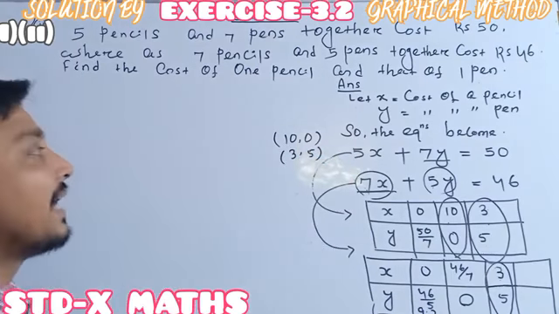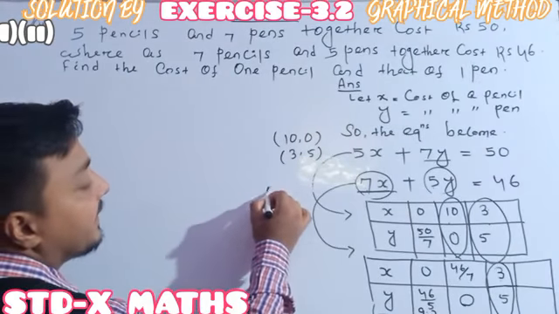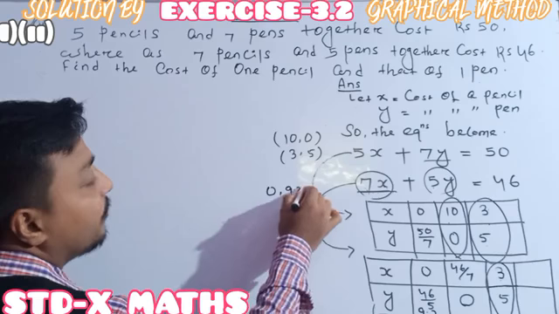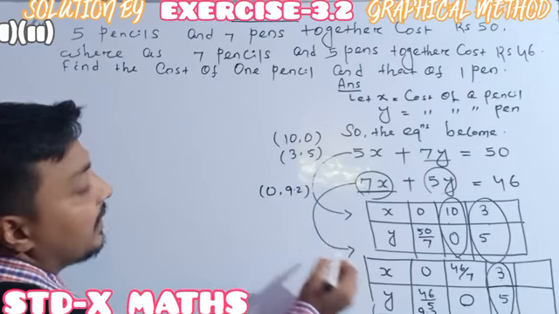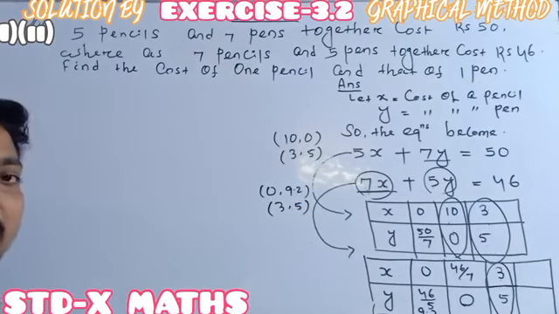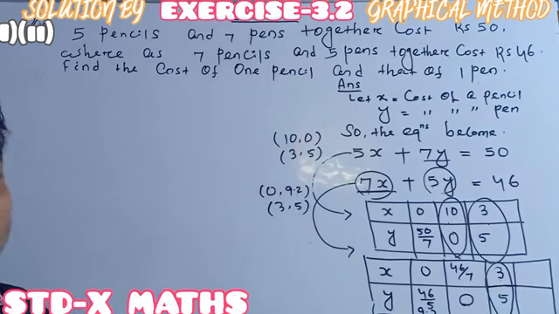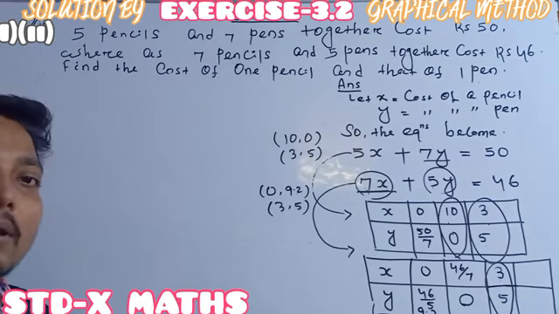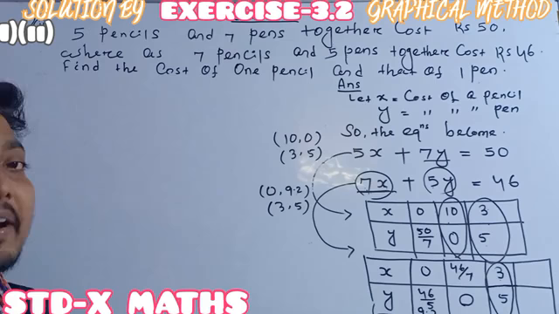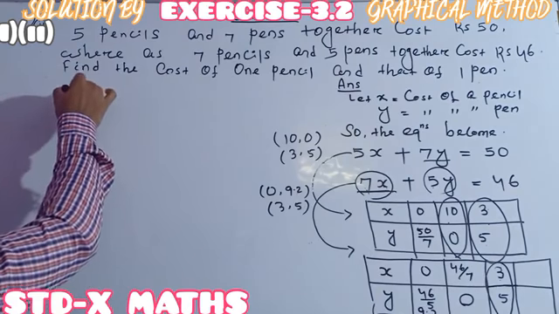And for the graphical representation of the second linear equation, one point is (0, 9.2), another one is (3, 5). Understood? As every value we have chosen is positive, only the first quadrant is sufficient to show the graphical representation.